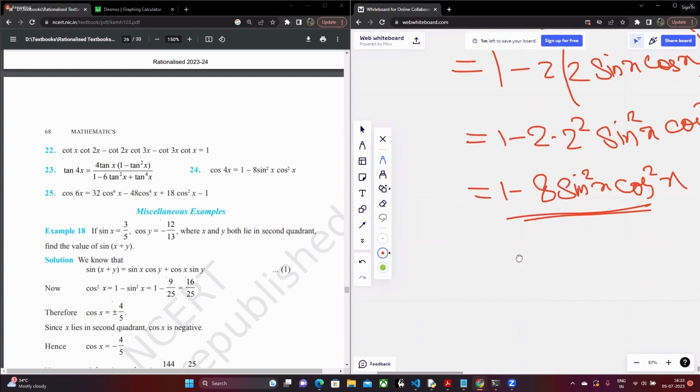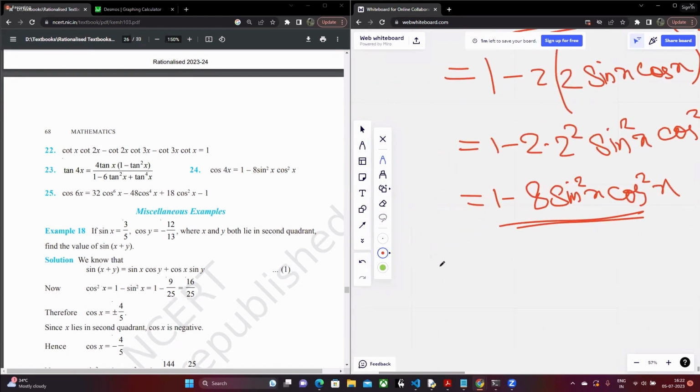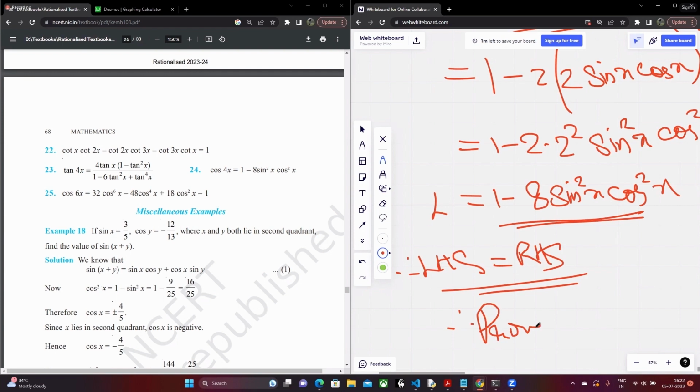All right, which is basically the right hand side equation. Therefore, LHS is equal to RHS. Therefore, I have proved this statement.